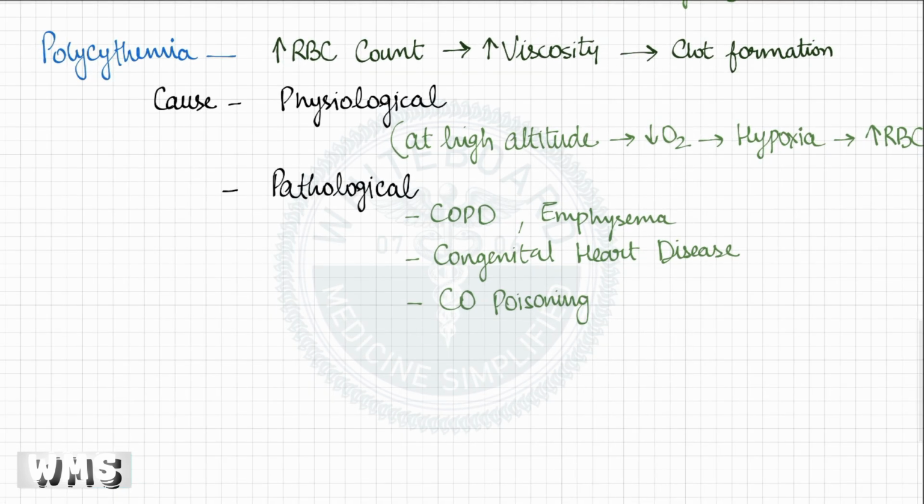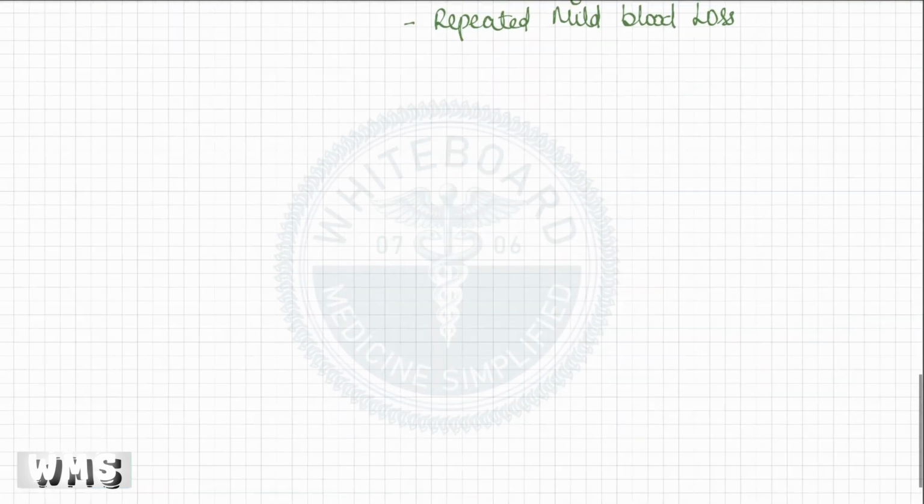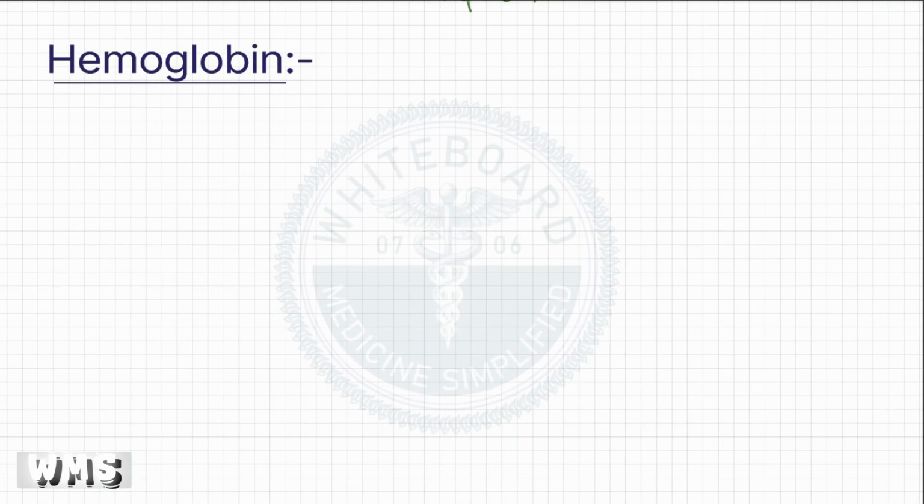It can also occur after repeated mild blood loss, which stimulates erythropoiesis, or due to primary bone marrow disorders that overproduce RBCs.